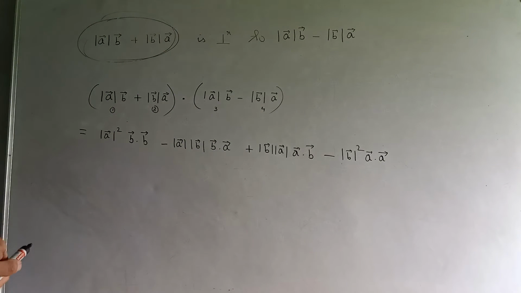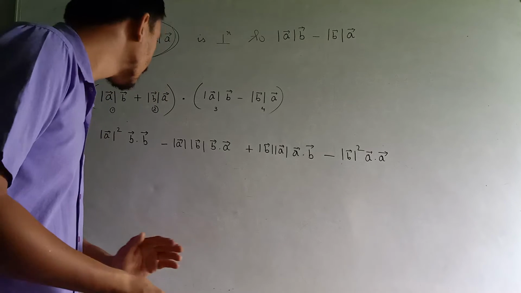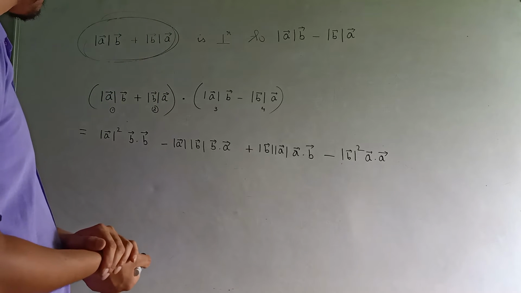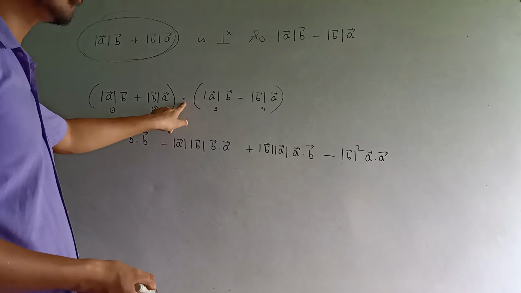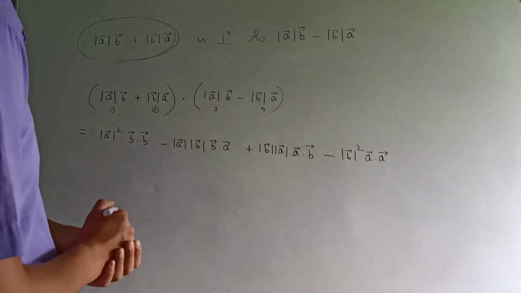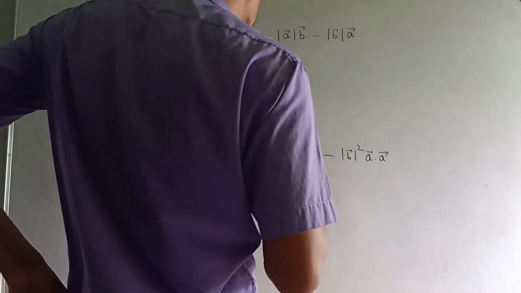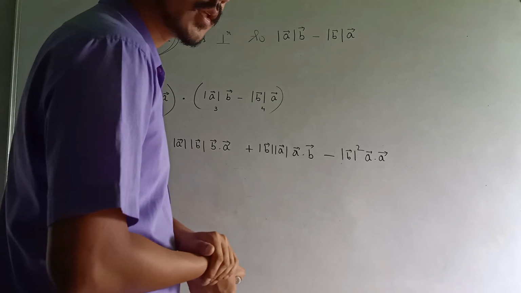Suppose we consider A plus B times A minus B, then our result will be A squared minus B squared. But see this dot product. No, what you're saying is true, it can be done in that way.